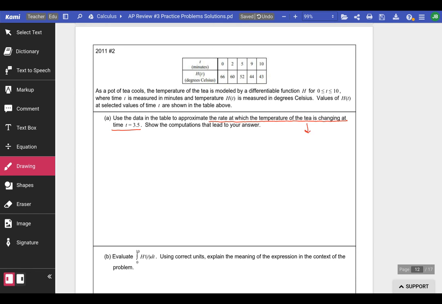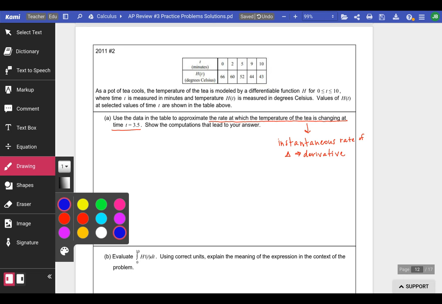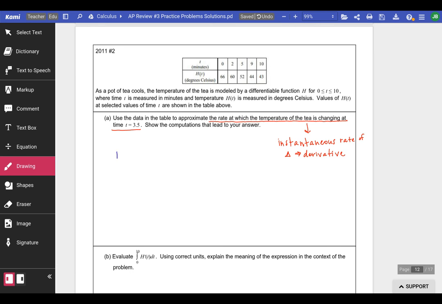What that's talking about is an instantaneous rate of change, right? And I know that because it's talking about the change at a specific time. And we know the instantaneous rate of change is the derivative. So what they're asking us to do is to approximate h prime of 3.5.